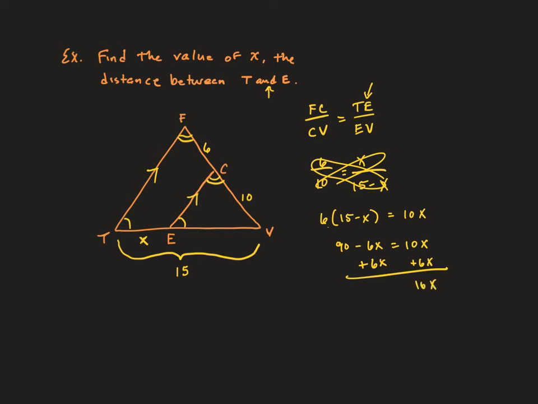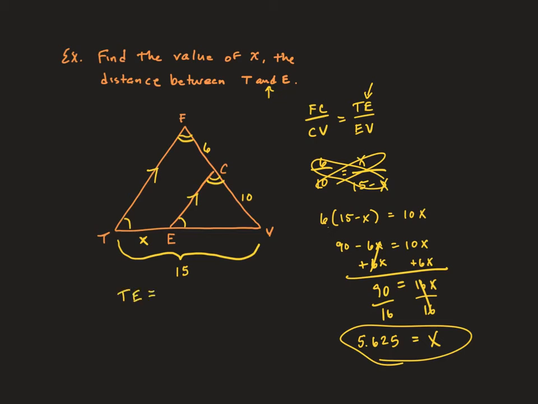So I'm going to have 16X is going to be equal to 90, divide both sides by the coefficient, and then X is going to be equal to 5.625. So there you go, X is equal to 5.625, which happens to be the length of TE. TE is going to be equal to 5.625.